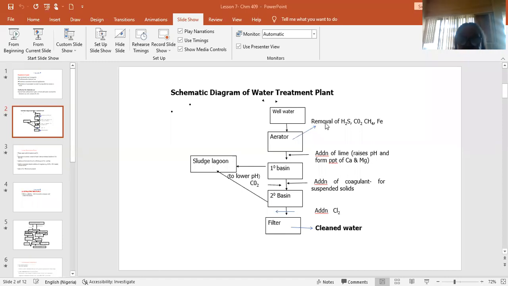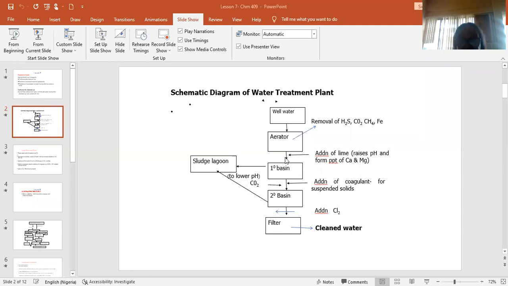Have you ever noticed that you find some brown film on top of that water? That brown film is your iron oxide. In other words, when you incorporate air, your iron turns to iron oxide, a brown film. So your aeration is to remove H2S, methane, and iron.